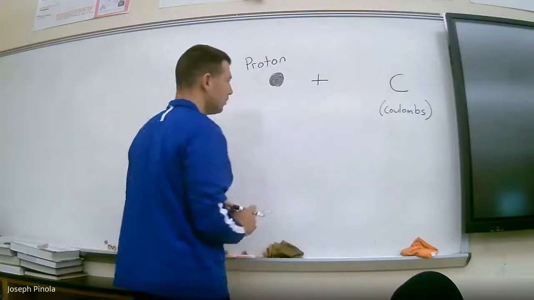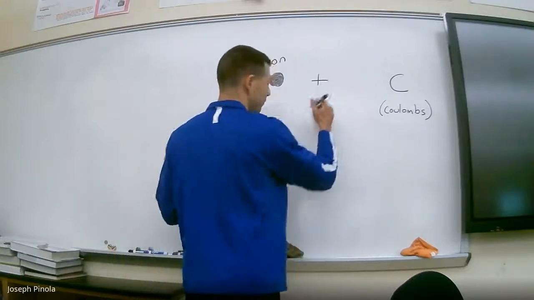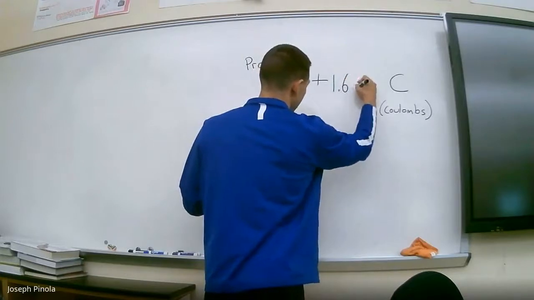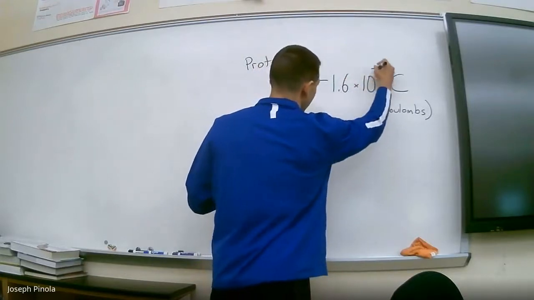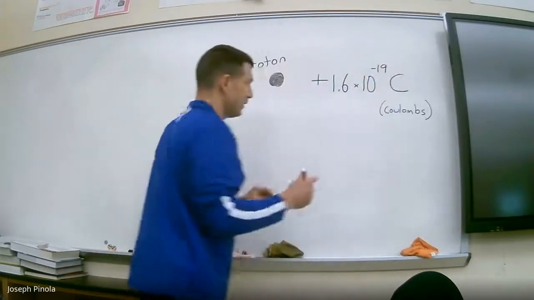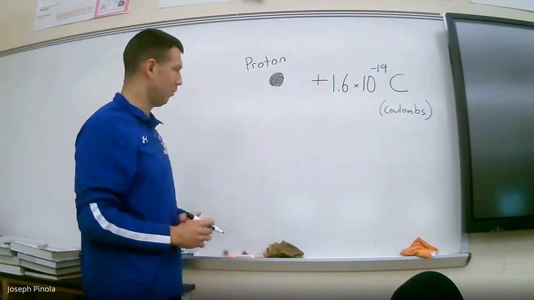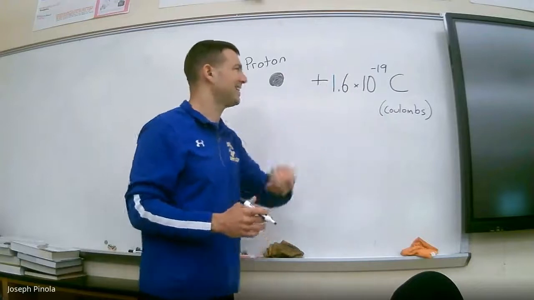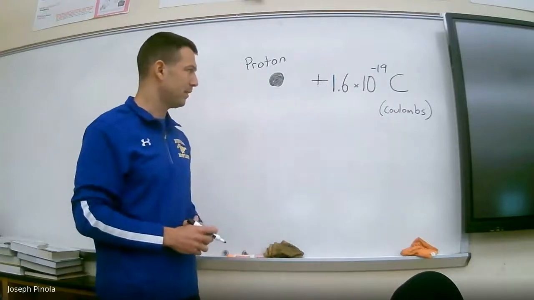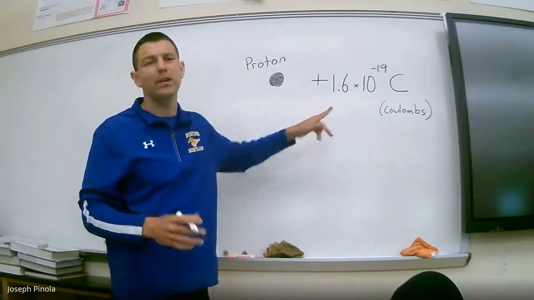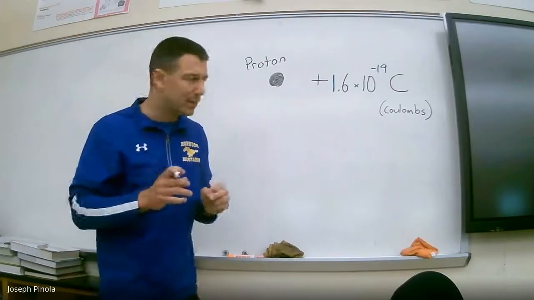The charge on a single proton is actually +1.6 times 10 to the -19th coulombs. Is that a big number? No, this number is tiny. 10 to the negative 19th.